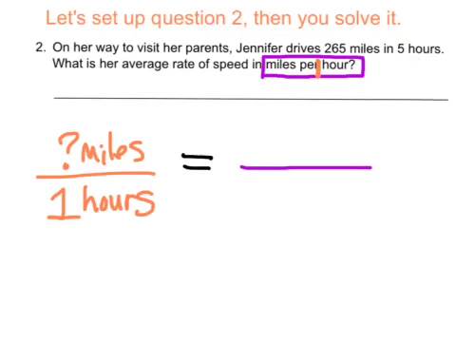Before I even go and look at the rest of my problem, I'm going to check out my units. The top part is miles, so I need to put miles on the top. When you look back at your ratio, hours is on bottom, so you need to copy that unit on the bottom of your second one.